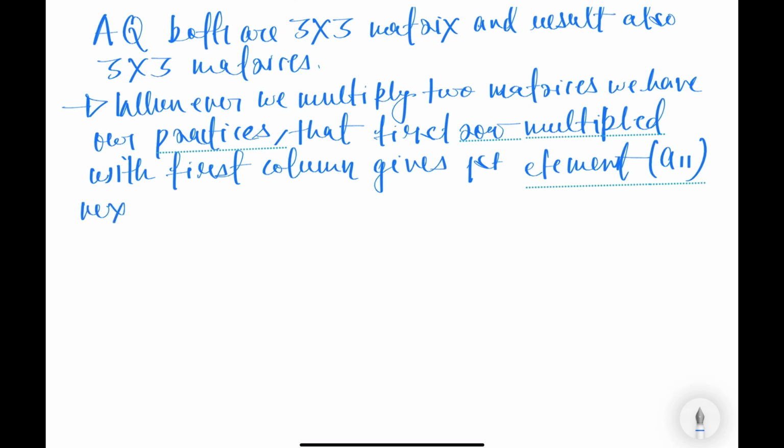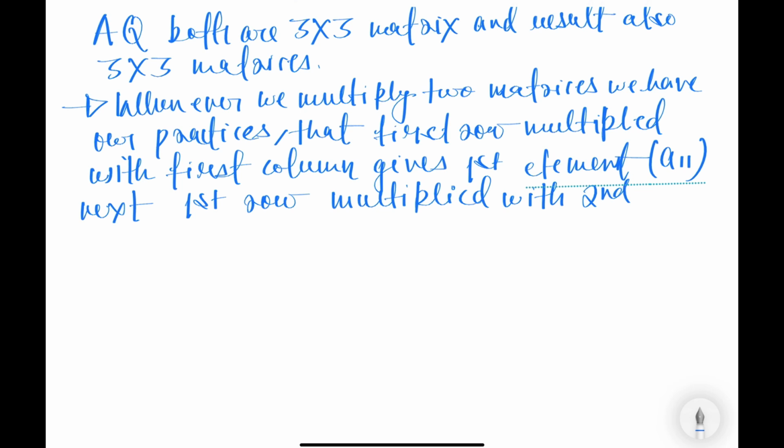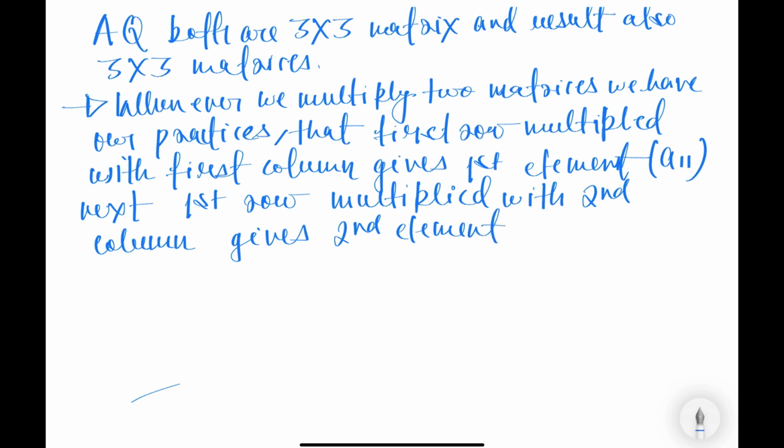Next, first row multiplied with second column gives the second element, which is A12.